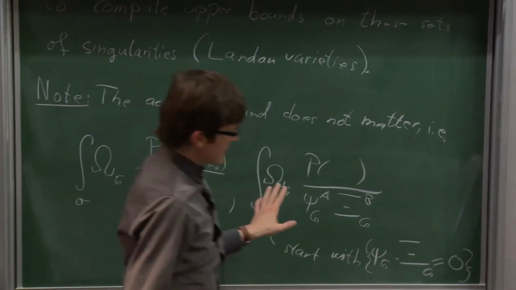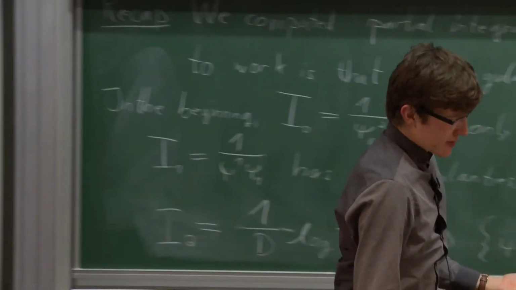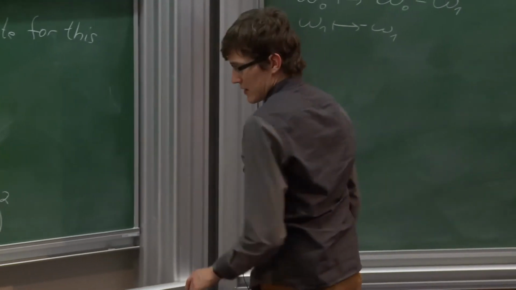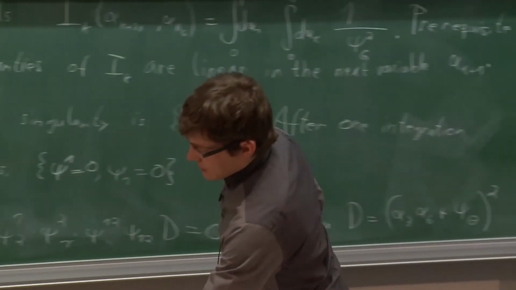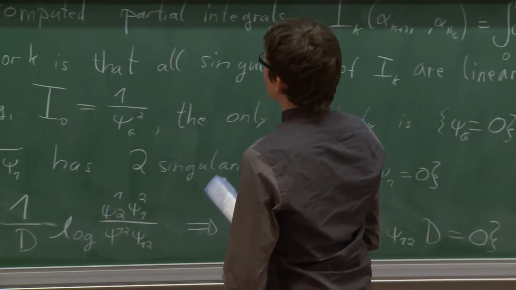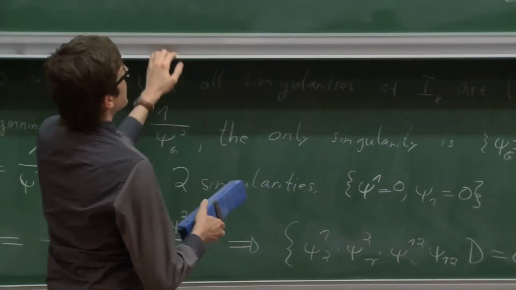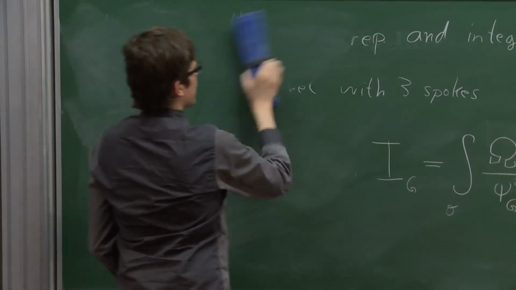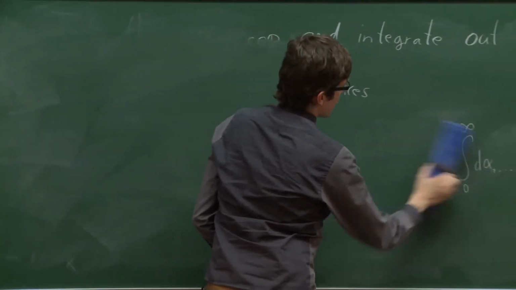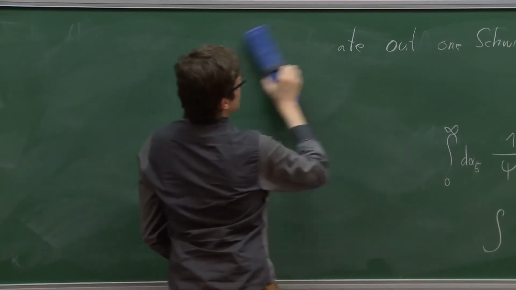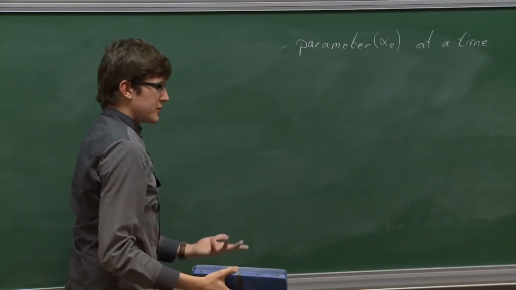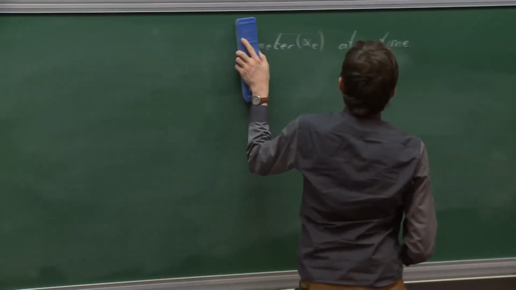So I don't have time to explain this algorithm, but I want to explain to you what the outcome of this technique is. So we have reduced the study of the actual amplitudes and the integrals to an algebraic or geometric task of understanding how these sets of polynomials which describe the singularities, how they behave.